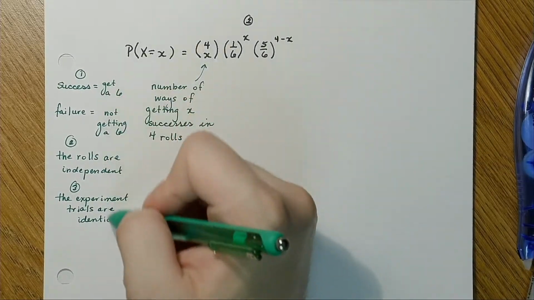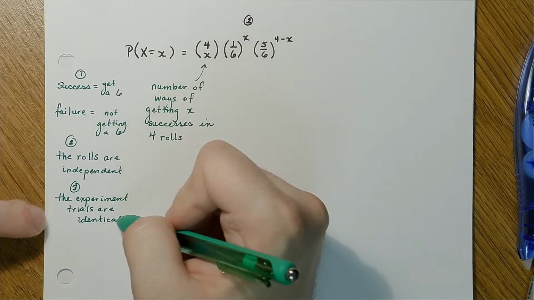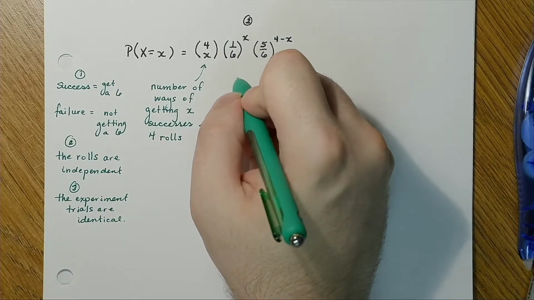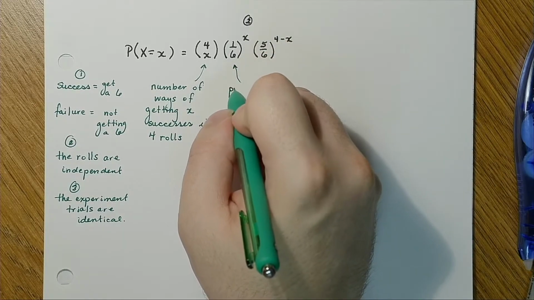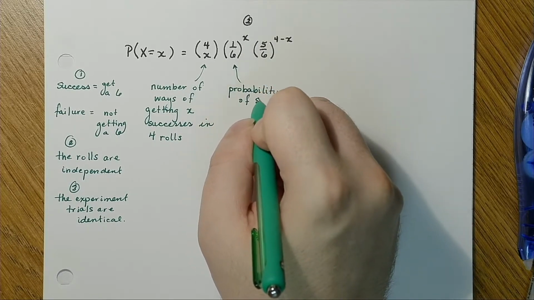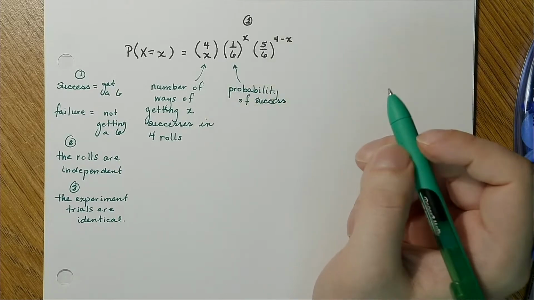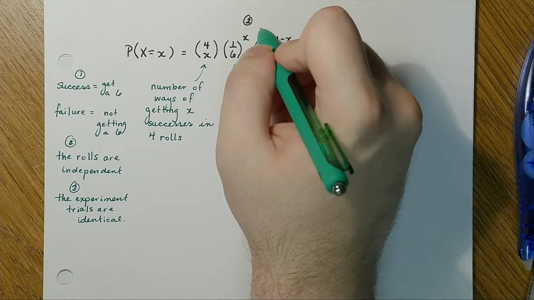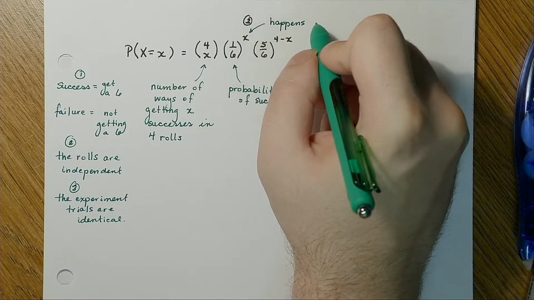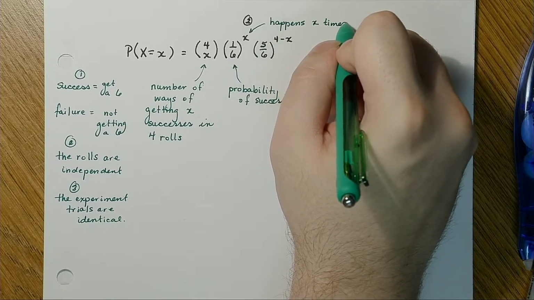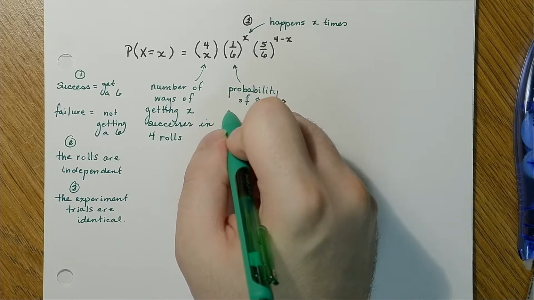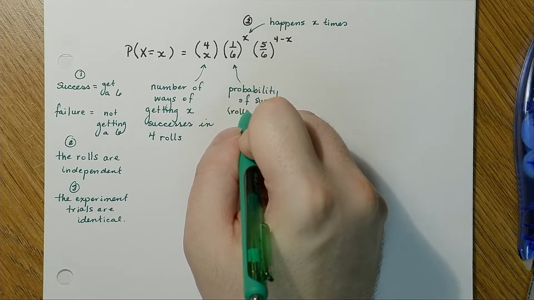So over here, there's our 3 conditions for that. Over here, here's the probability of a success, and that happens x times. So that is rolling a 6.